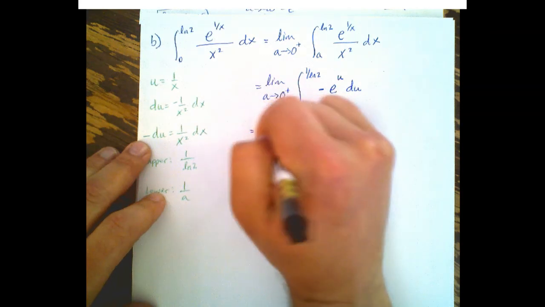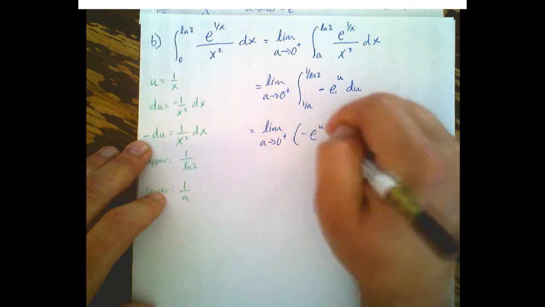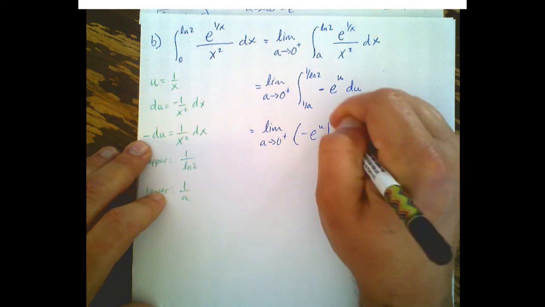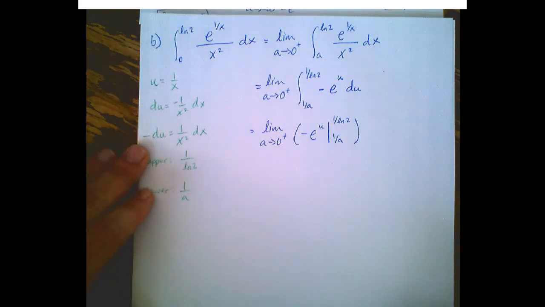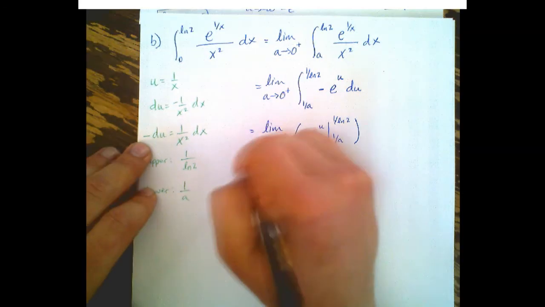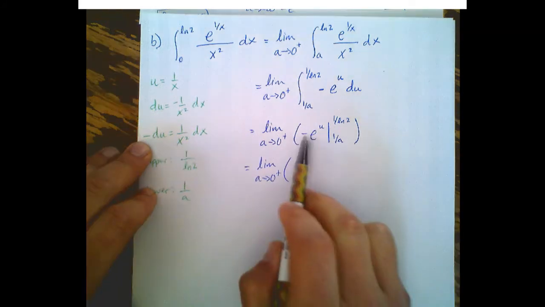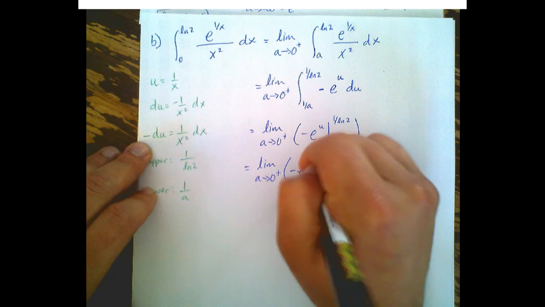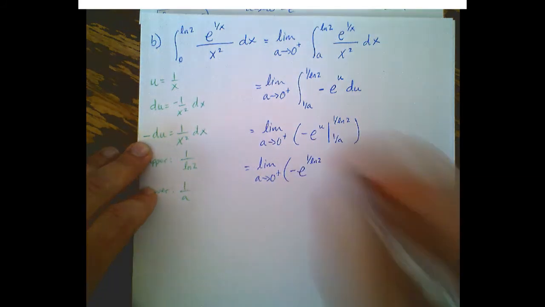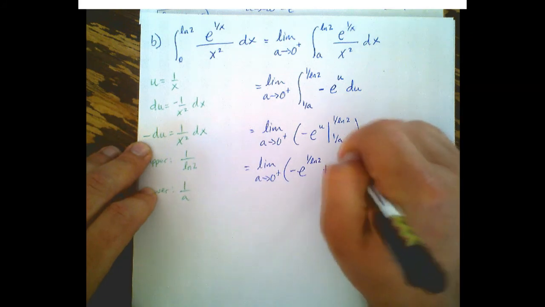Limit as a goes to 0 from the positive side, negative e to the u from 1 over a to 1 over natural log 2. Let's see what we get. Using the fundamental theorem, let's just plug in. Negative e to the 1 over natural log of 2 minus negative, so plus e to the 1 over a.